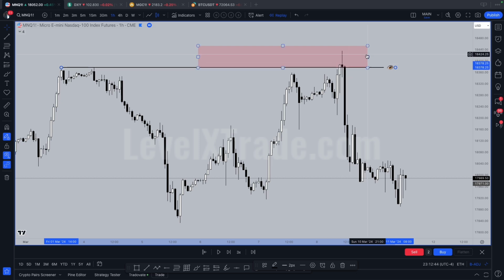I would probably close most of my positions here, and then leave a couple open, maybe get stopped at break even, or move my stop loss to this low. It's up to you in terms of how you're going to manage your trade.